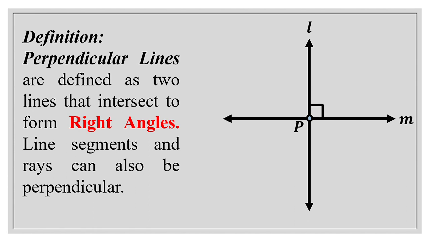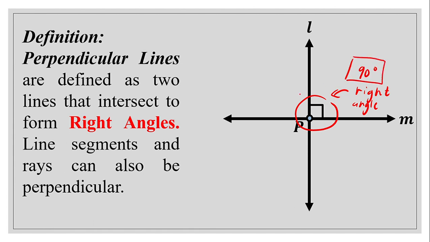Looking at the angles, we have a perpendicular, we have a right angle. As you can see, if you see this symbol, that means it is a right angle. And if it is a right angle, then that is equal to 90 degrees.